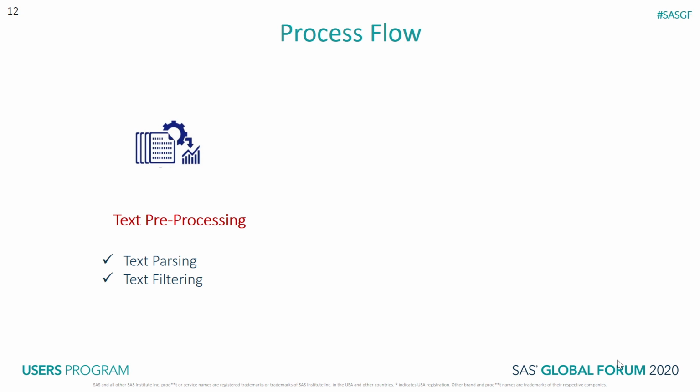Once this step is finished, we move on to the next step, which is called topic mining. This is done using SAS Enterprise Miner's text topic node. This text topic node helps detect text topics automatically.